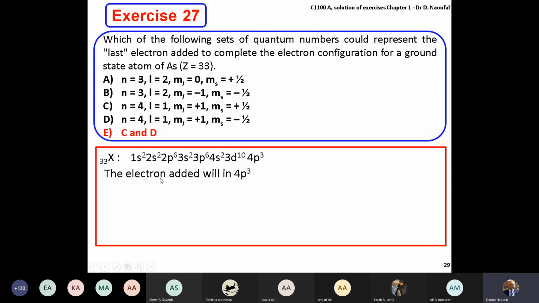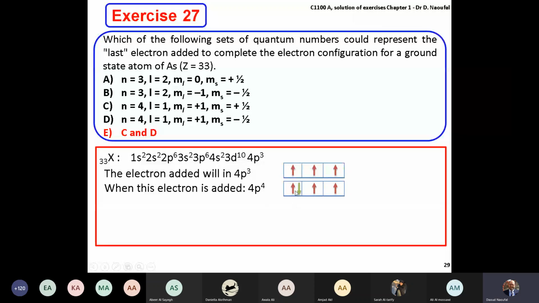So the electron will be added to 4p3. And as we know, according to Hund's rule, we fill 1 electron in each box, then we redo the cycle. When this electron is added, in the box representation 1, 2, 3, the electron added will now have the opposite spin of the first, according to the Pauli exclusion principle.